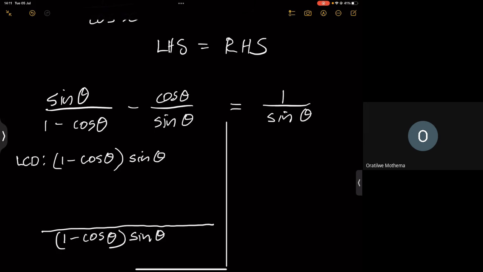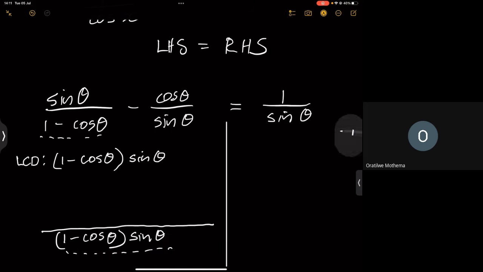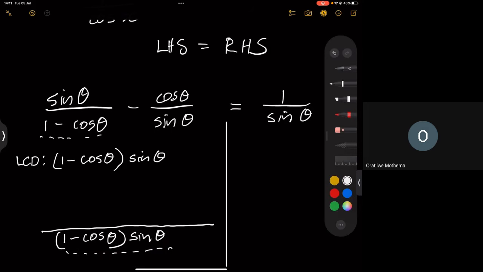First of all, I need to remember we say LCD, here's our LCD, divided by the denominator of the first fraction, right? So do you agree with me that, so what would happen here? What would happen here is that if I divide this by that, these two will kind of cancel.